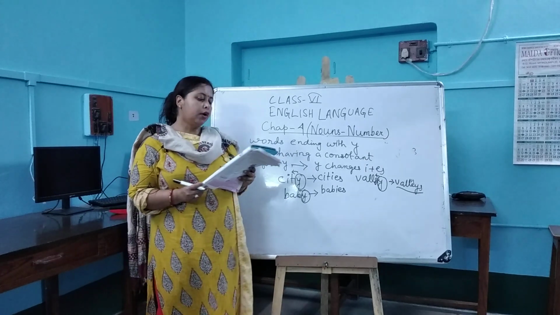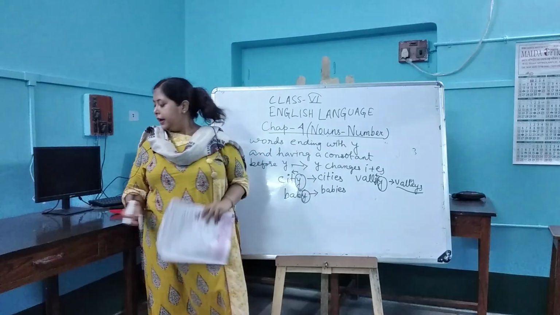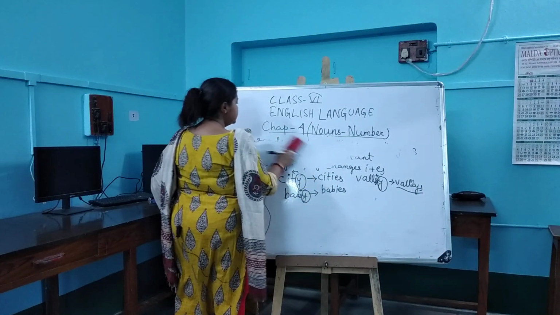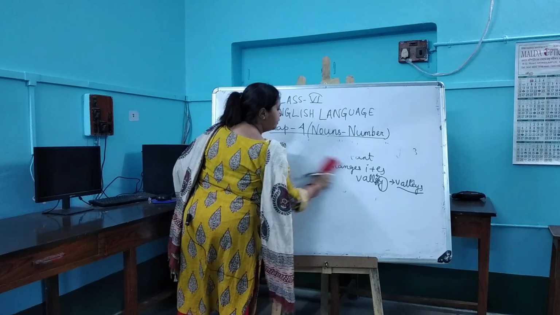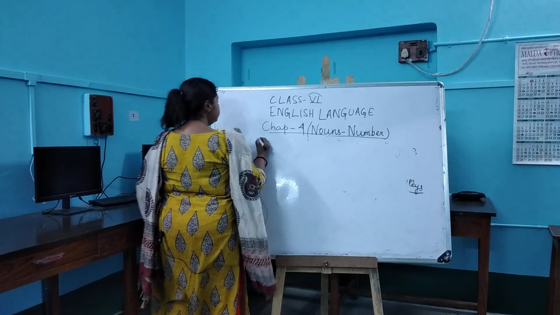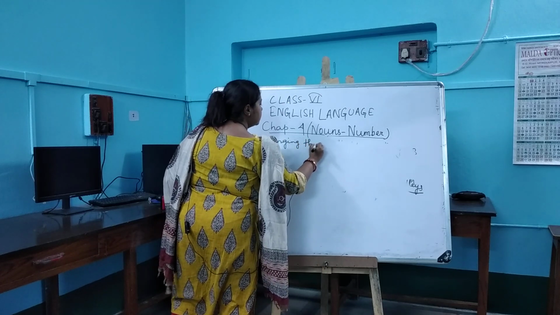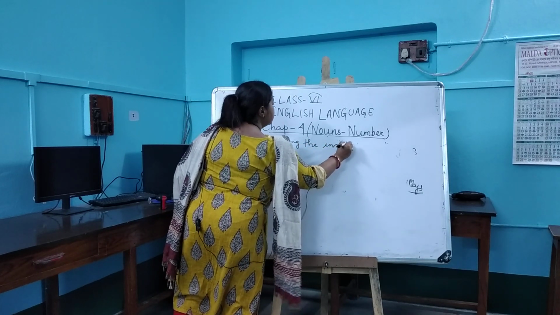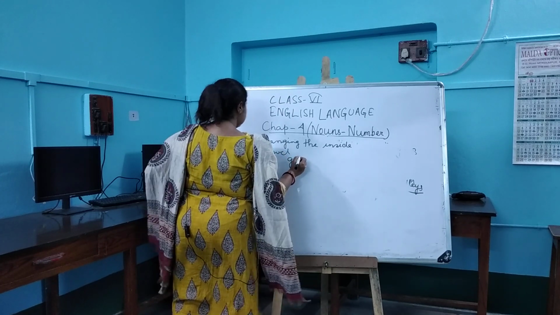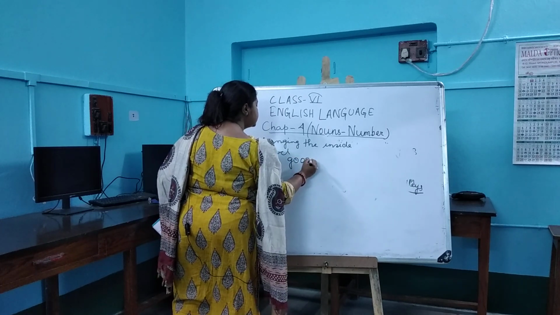Now, some nouns form their plural by changing the inside vowel or vowels of the singular form. This is the fifth number. Inside vowel means the vowels inside the word, like goose, G-O-O-S-E, goose.